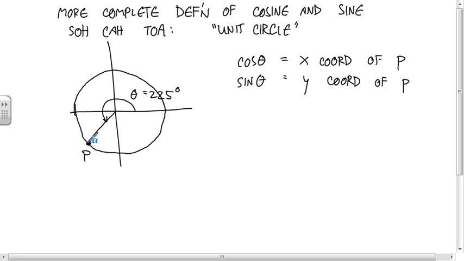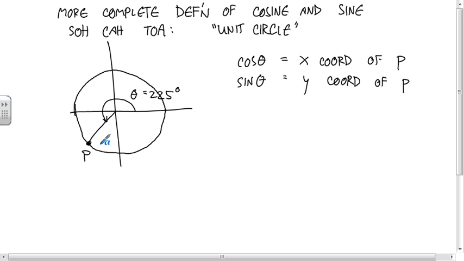Negative, because the x-coordinate of this point P is negative. And would you expect the sine of 225 to be positive or negative? Negative, yep. For the same reason, the y-coordinate of this point is also negative.